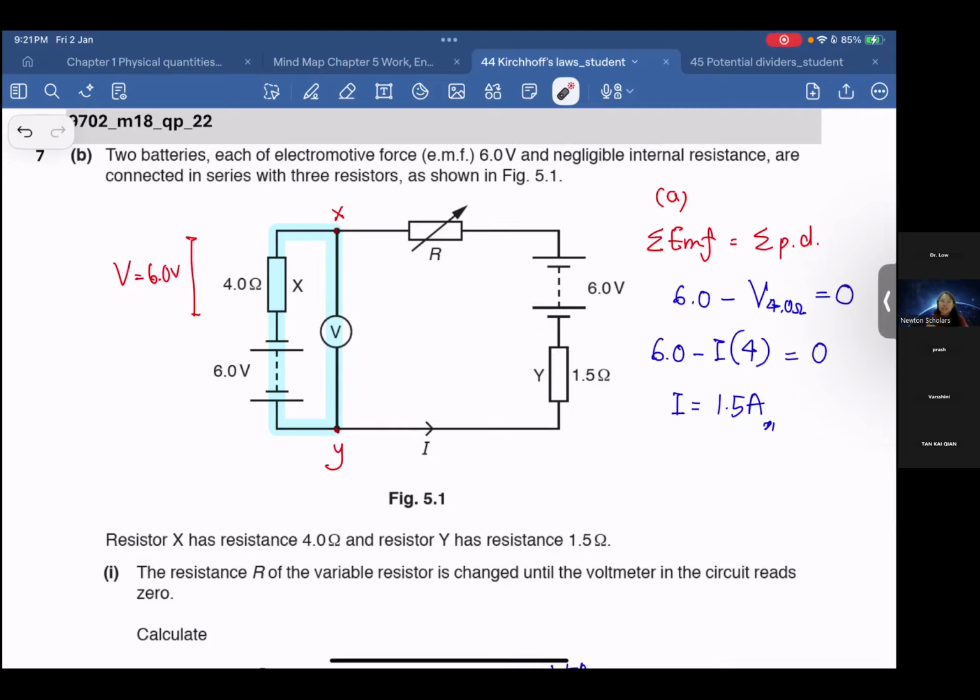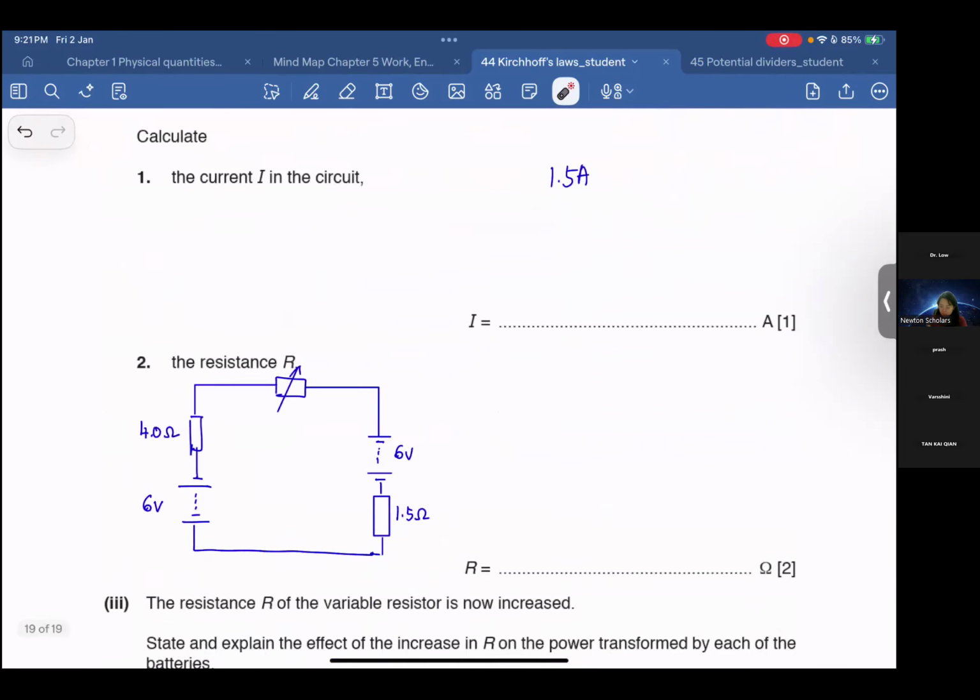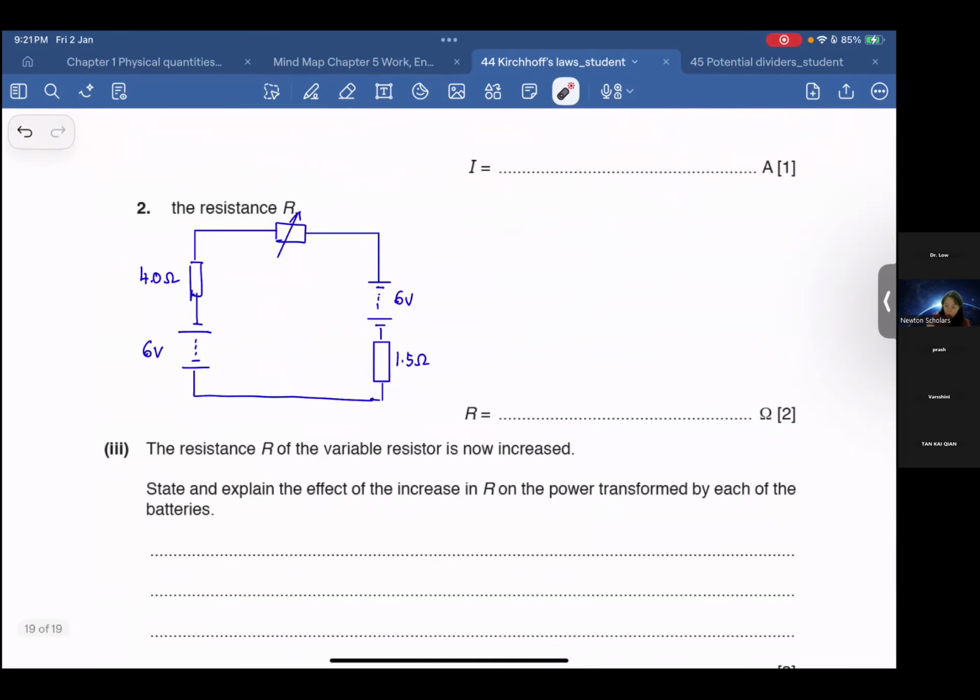If the resistor uses up all, no voltage is left over, so the voltmeter reads 0. That means it used up all the EMF provided by the battery. Here your answer should be 2.5 ohm.